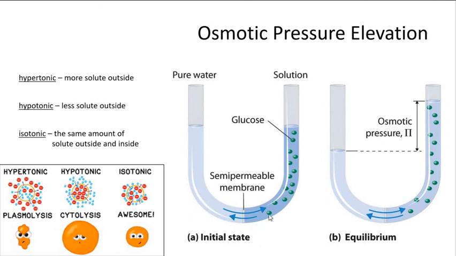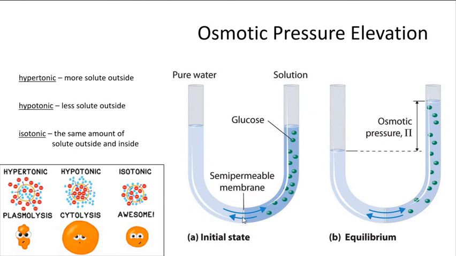The scenario setup is basically you have just a tube, and in the middle you have a membrane where the water can go through, but in this case, sugar cannot. Now, water will try to balance out the amount of water on each side.